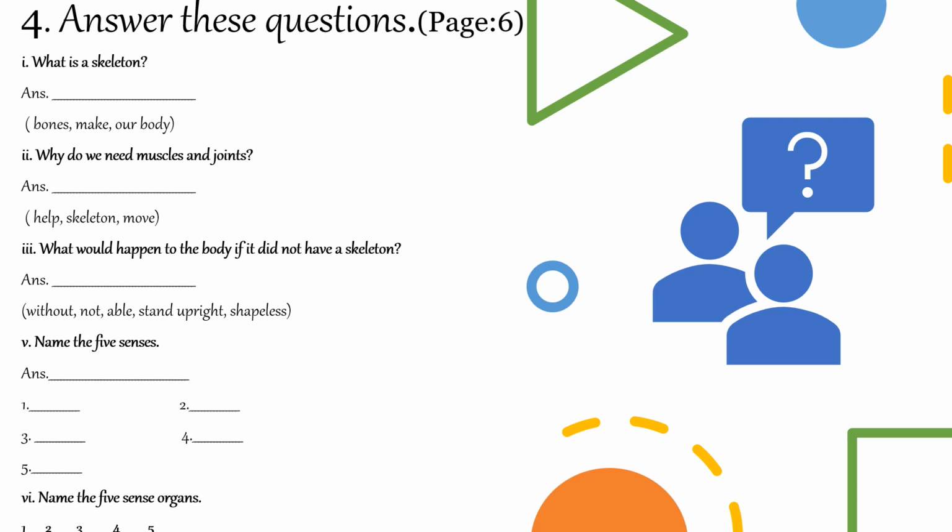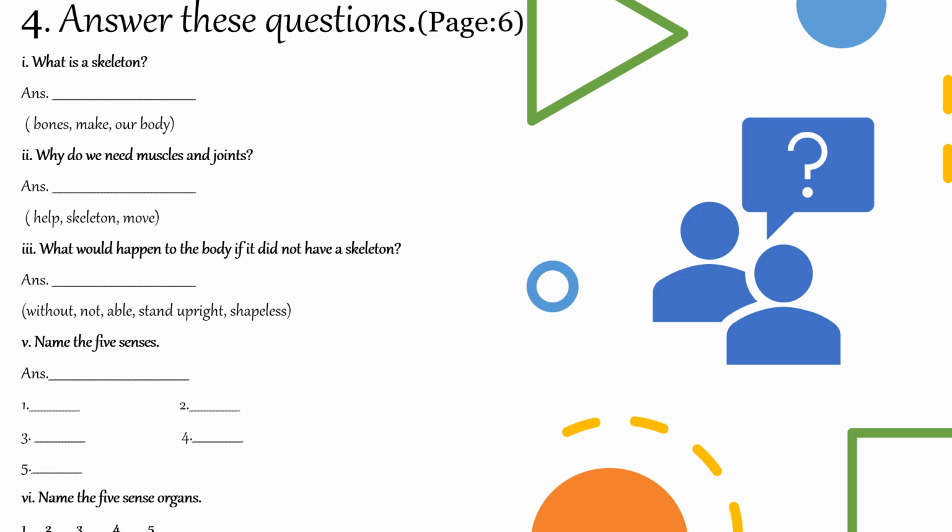Question number 3 is, what would happen to the body if it did not have a skeleton? To write the answer of this question, the helping words are without, not, able, stand upright, shapeless. Question number 5 is, name the 5 senses.